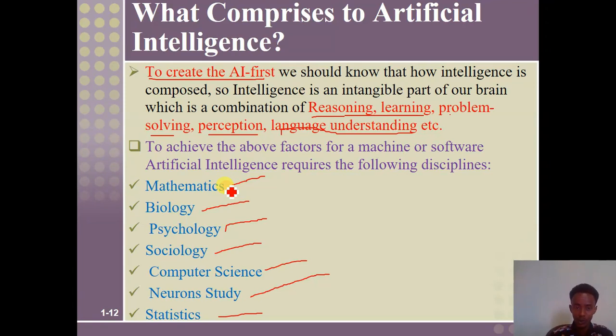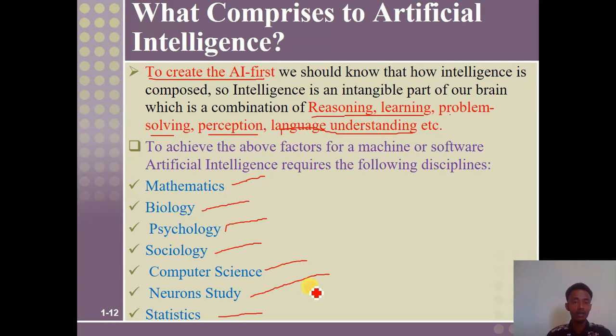Conceptii herregaa qabaachuu qaba. Device nuti develop goon. Biology conceptii biology. Biology application qabaachuu qaba. Psychology, sociology, computer science, neuron study, statistics, especially neuron study malee deep learning keessatti application guddaa qabaachuu. So artificial intelligence tokko create gochuudhaaf disciplinoota kanneen qabaachuu qaba.